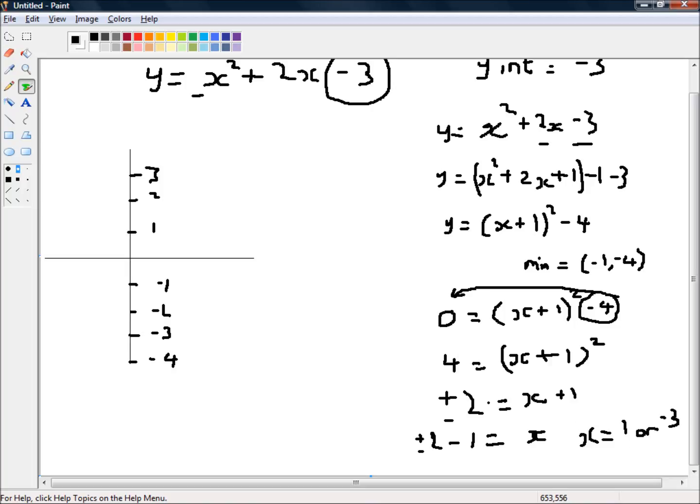So now we know what scale to put on our x-axis. We need it to go up to -3.